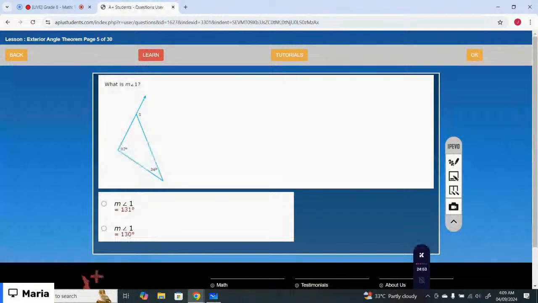Okay, the next one is what is the measurement of angle 1, which is the correct option?